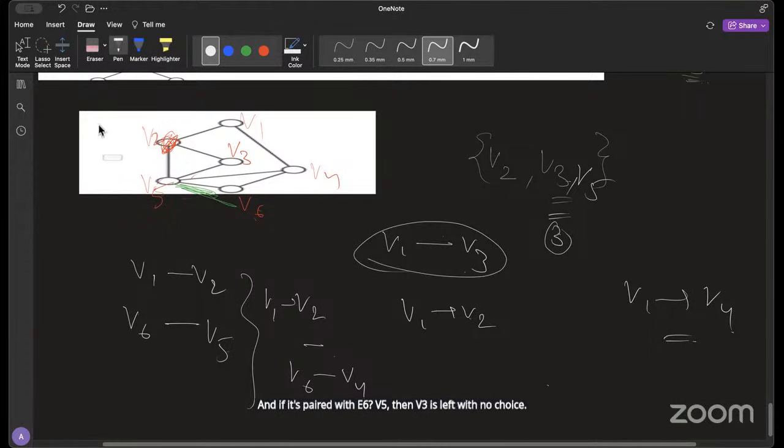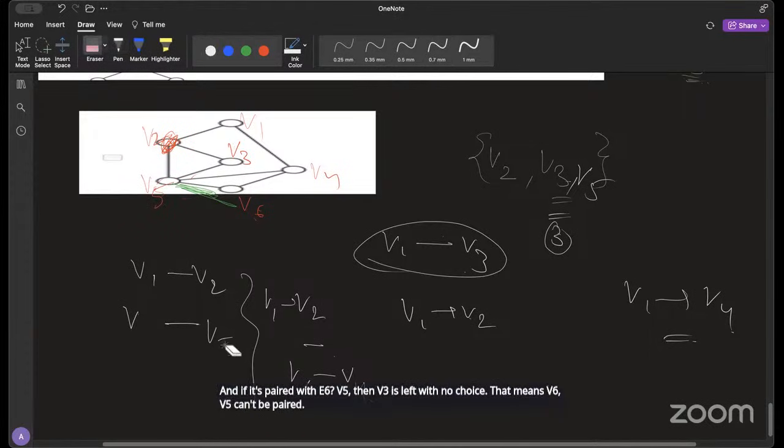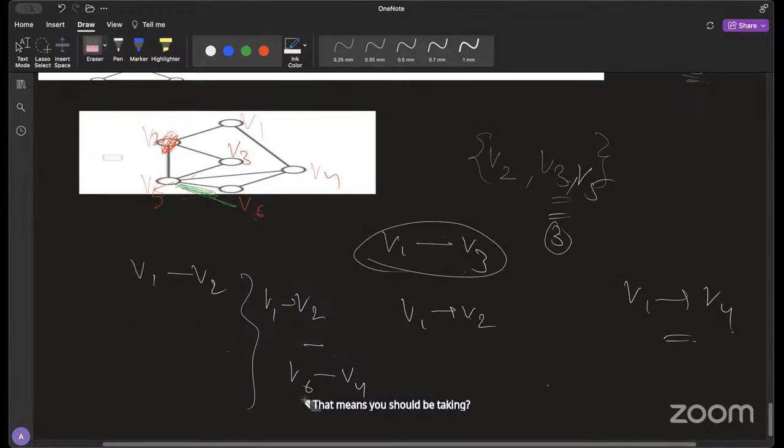That means V6, V5 can't be paired. That means there is only one possibility for V6. In this case, if V1 has perfect matching with V2, then V6 should have it with V4 for V3 to have an option, right? Otherwise, V3 is left with no option.